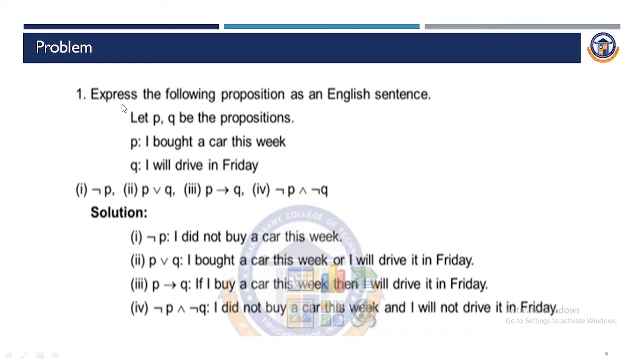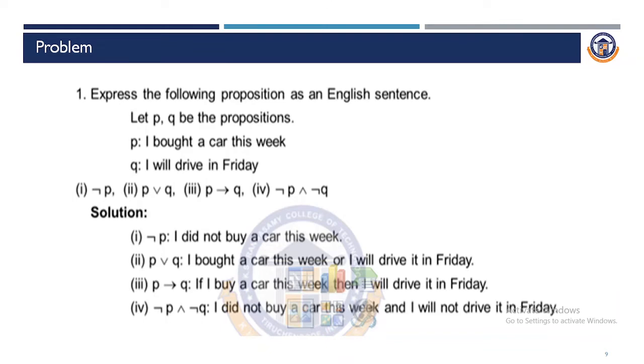For example, express the following propositions as English sentences. Let P and Q be the propositions: P, I bought a car this week; Q, I will drive in Friday. Negation P is: I did not buy a car this week.